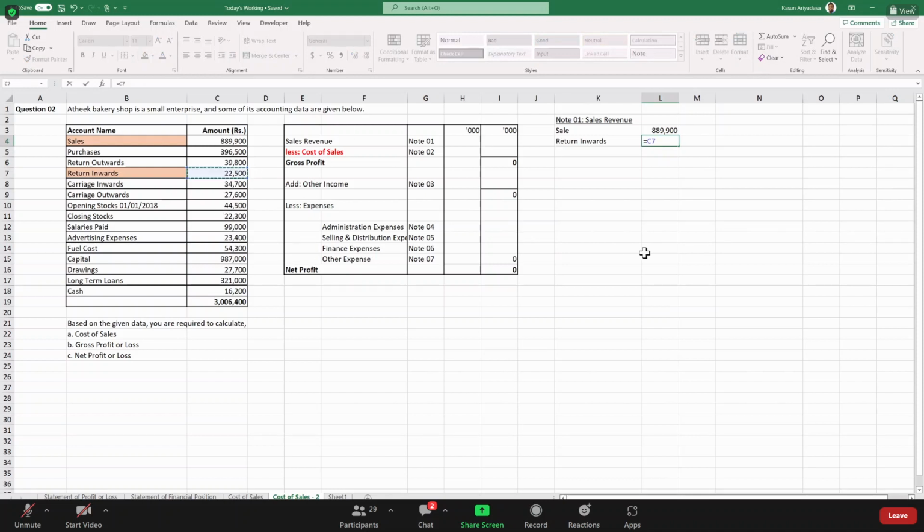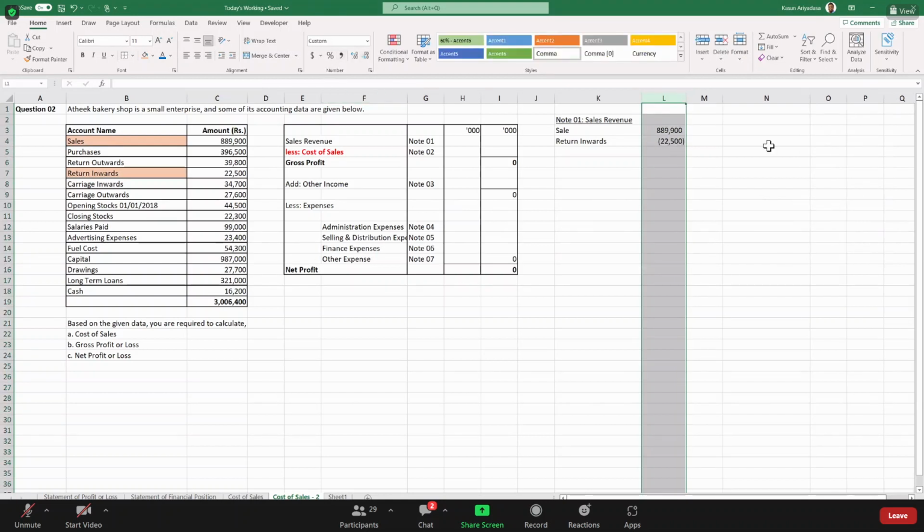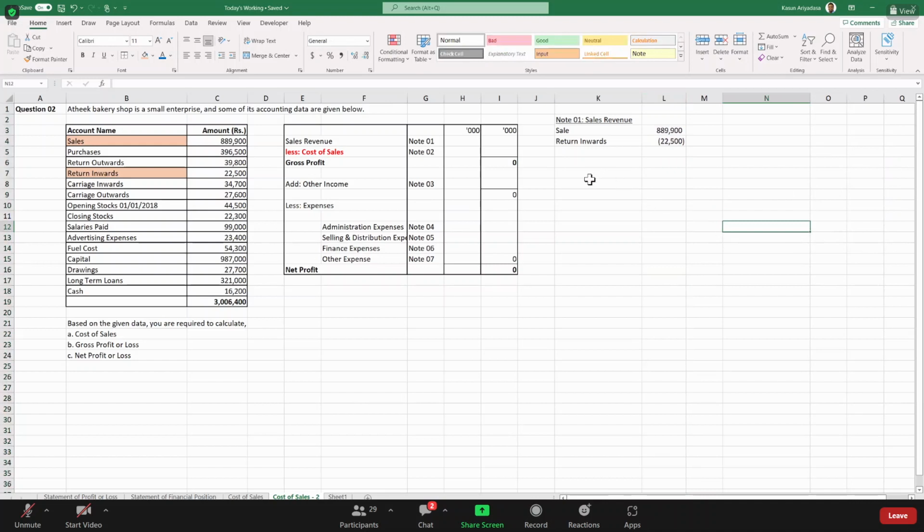We have to deduct the return inwards, and then we'll get the sales figure, 867,400. This is sales.